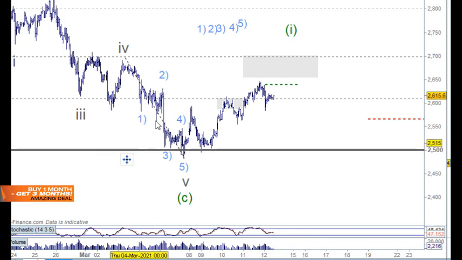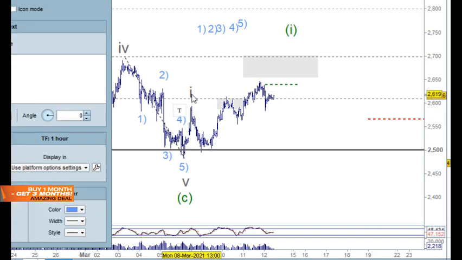So let's just be the devil's advocate here for a moment. Let's just say that this is the A wave, B wave. We're calling this a corrective rally here. So that's being the devil's advocate. So we're looking here at wave 1, 2, 3, 4, and 5 here. So if this was going to be corrective, it would be an A wave, a B wave, and a C wave here.